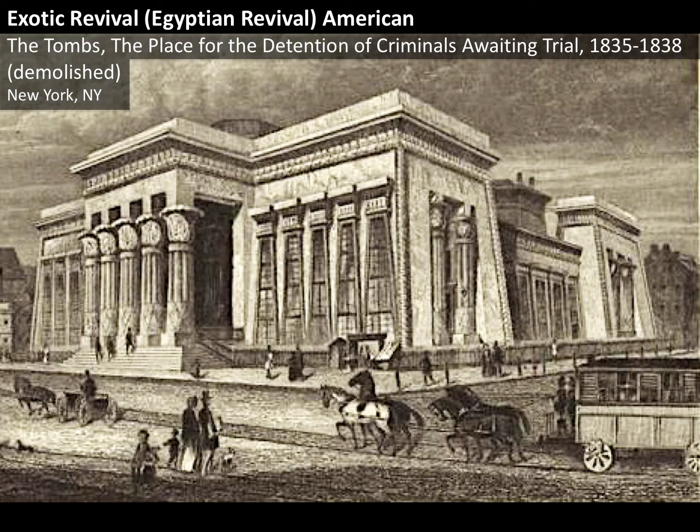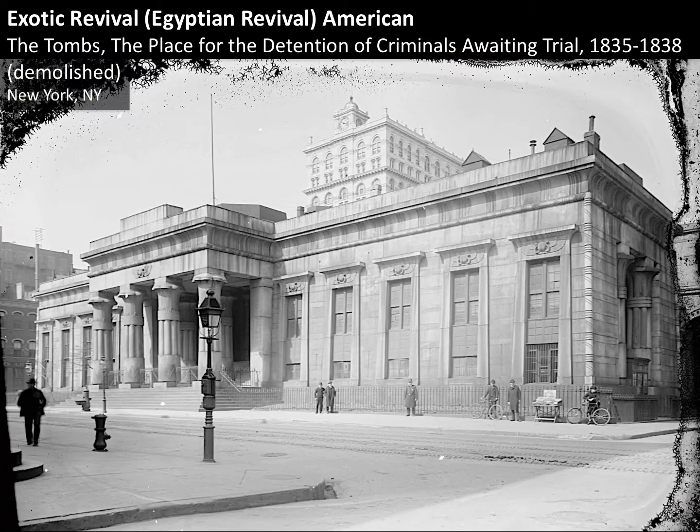Oh my goodness, you see why it's Egyptian revival. You see those lotus blossom columns and that sloping wall that mimics the pylon from those ancient Egyptian temples that we were looking at. And here's a photograph of it. It even had that really deep cavetto molding up at the top of the wall.